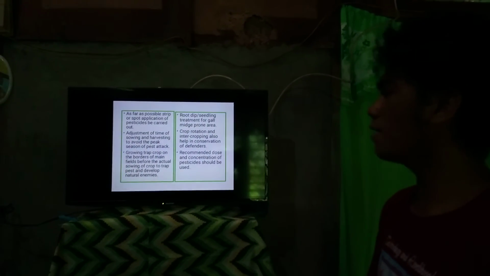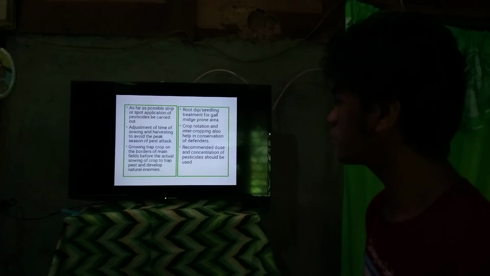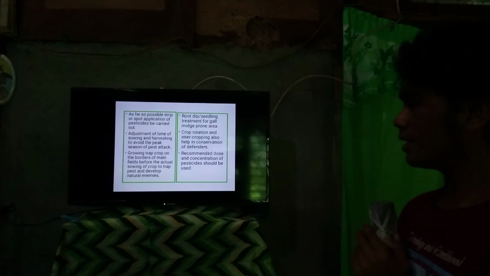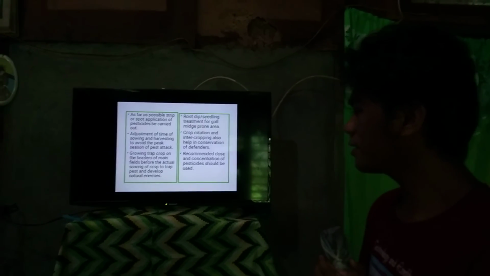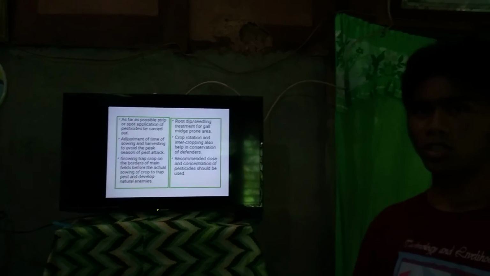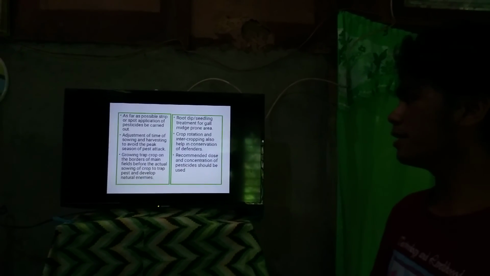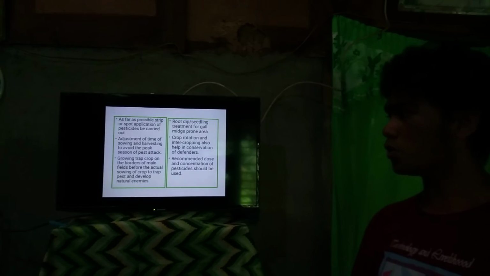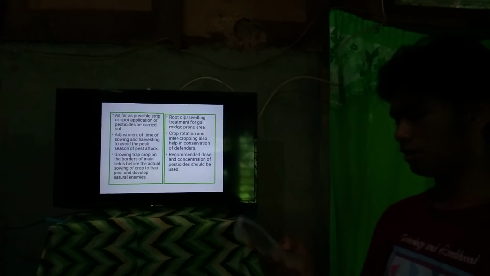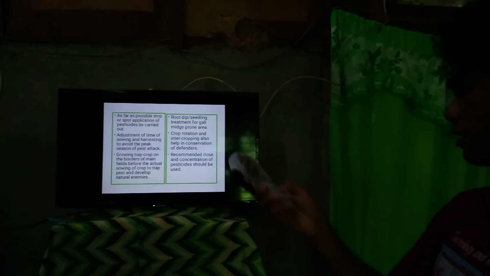And next is crop rotation and intercropping, which also help in conservation of defenders. And lastly, the recommended dose and concentration of pesticides should be used. So there are limitations in using pesticides and there are some practices that we are going to use so that we can avoid harming the natural enemies. So next.